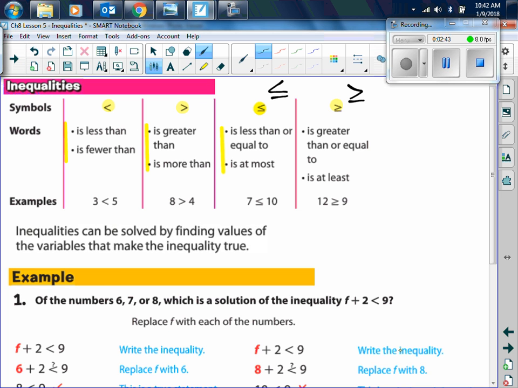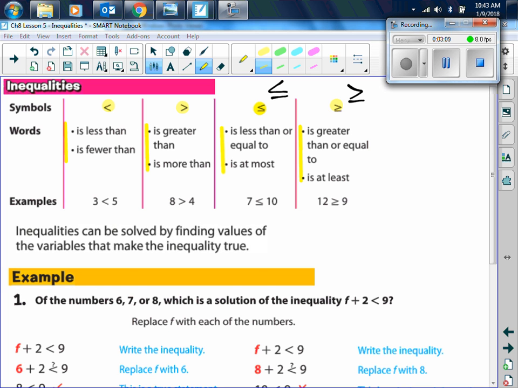One or the other. Doesn't have to be both. So this is greater than or equal to, or at least. All right, so you know how to use the first 2, less than or greater than. The less than or equal to means at most.